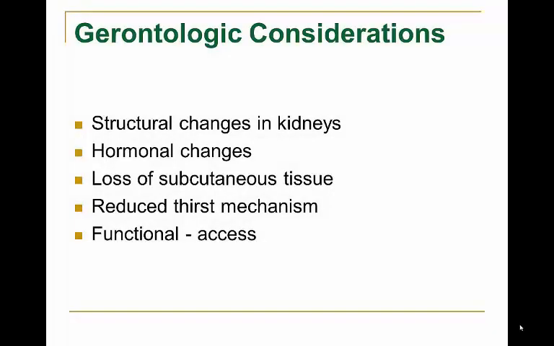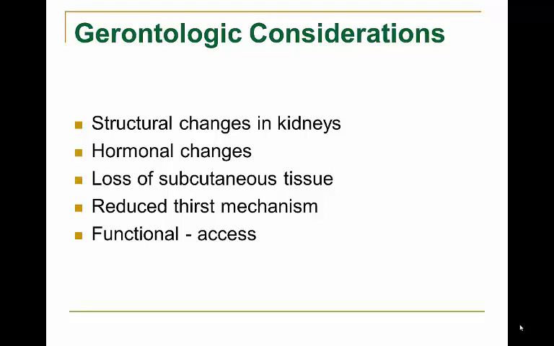Now this is all further complicated as we age, because as we age, we have structural changes in our kidneys that decrease our ability to conserve water. We have hormonal changes that impact ADH. We have a decrease in antidiuretic hormone, and we need to monitor that.